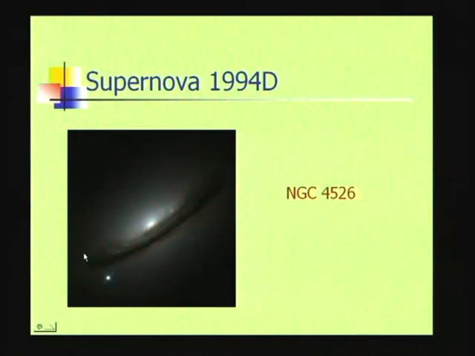You cannot make out the individual stars, but there is a supernova over here which you can easily make out. So, this bright thing over here is supernova 1994D. It is very easily distinguishable. So, you can identify supernovae as distinct objects in very distant galaxies also.